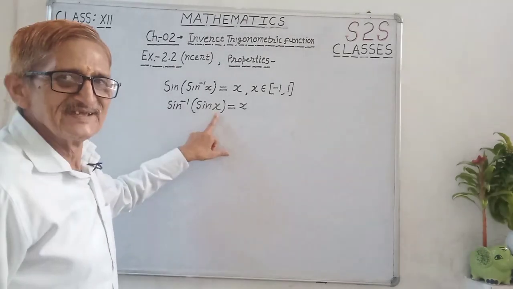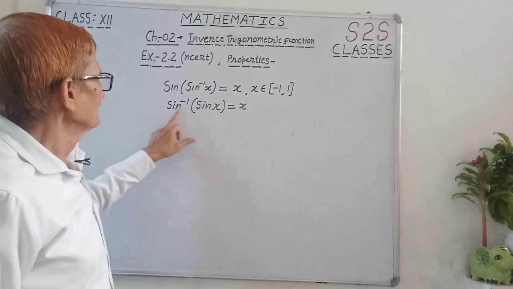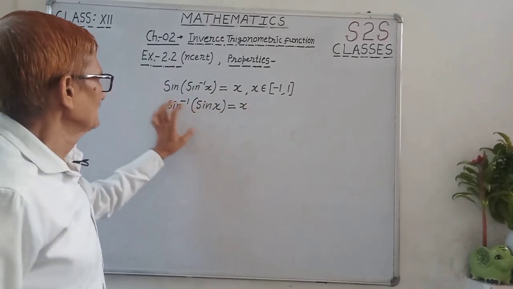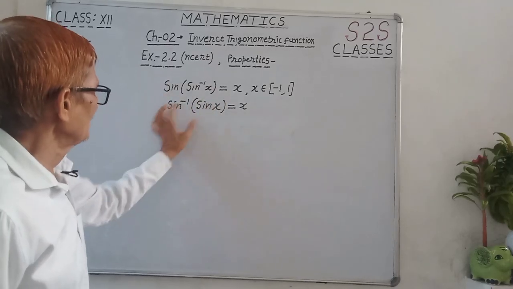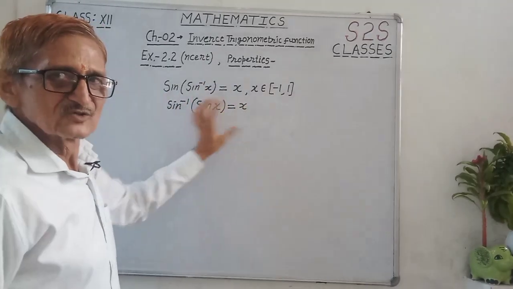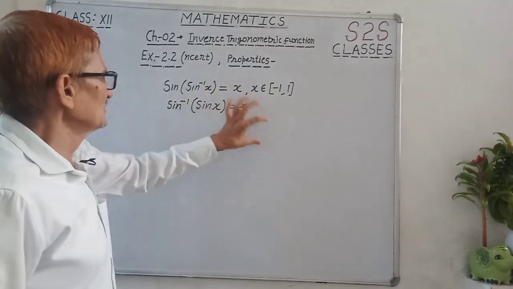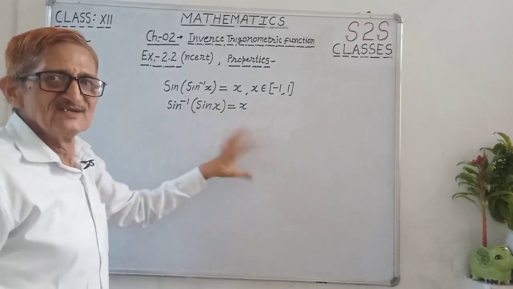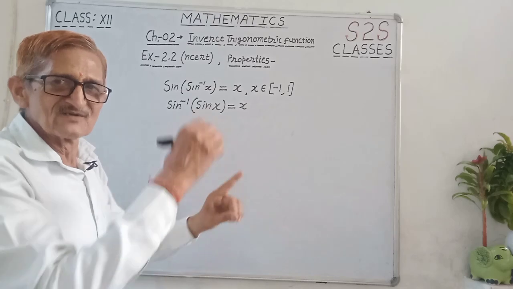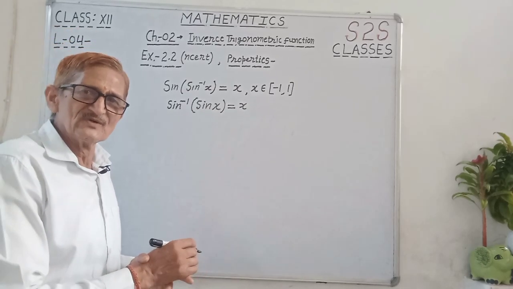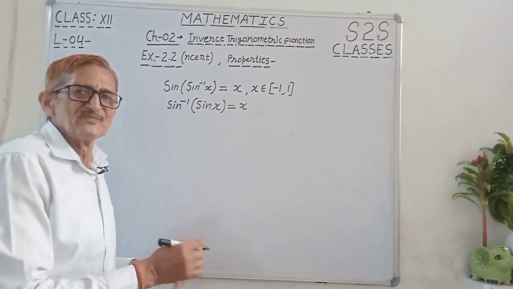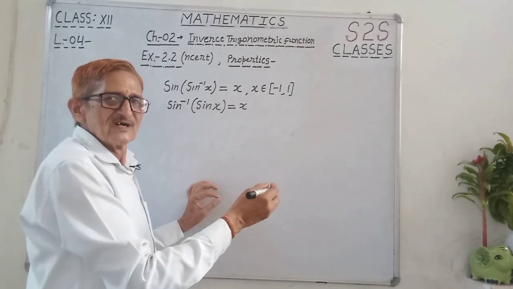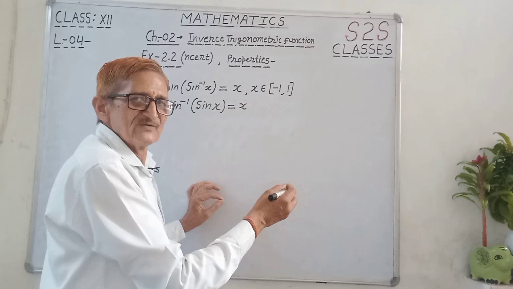But for the sine inverse of something equal to x, this x must be the range of the inverse. So the sine inverse range is the closed interval -π/2 to π/2. You remember I told you in those properties and formulas the range and domain of every inverse function.